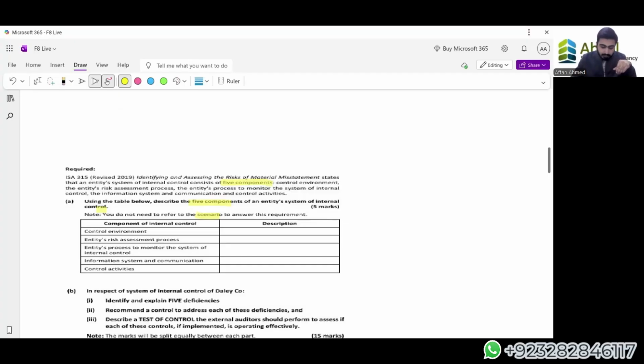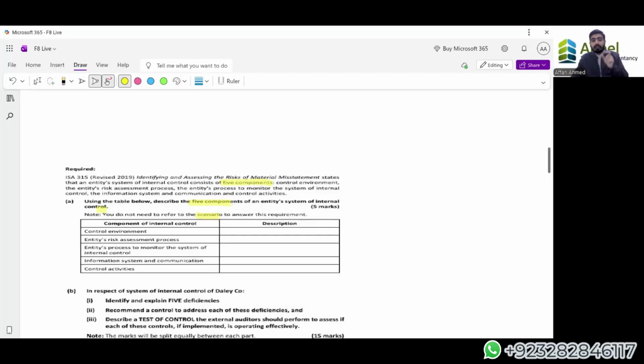Next, the entity's risk assessment process. Risk assessment process basically indicates how the management is working towards identifying the potential risks in the systems, and whether they are analyzing all potential outcomes, systems and resources that might create a risk of material misstatement in the financial statements, a risk of fraud, a risk of contamination, a risk of any kind of natural hazard within their organization.